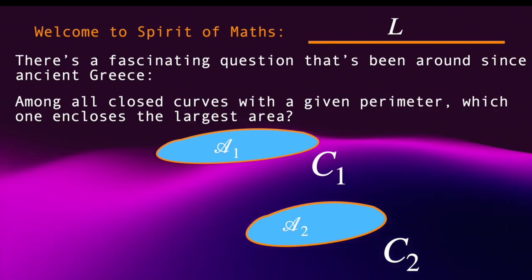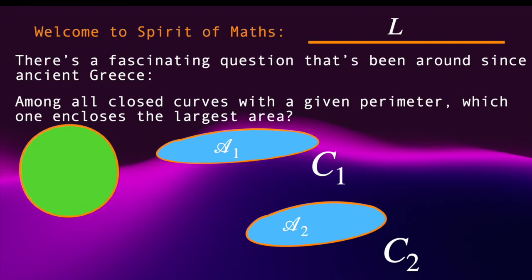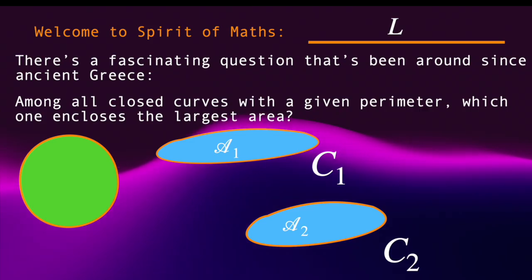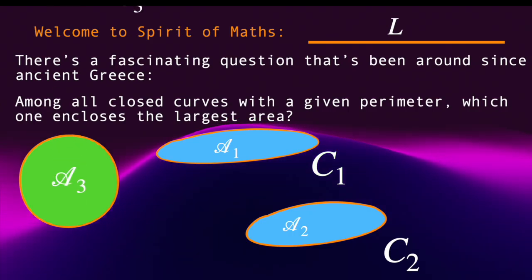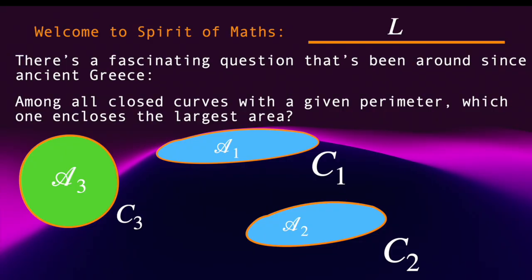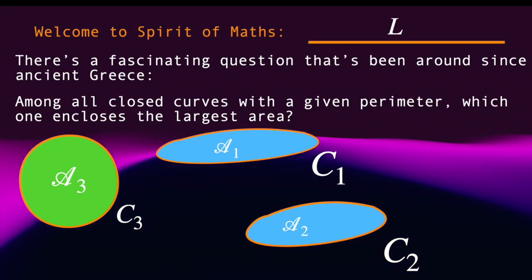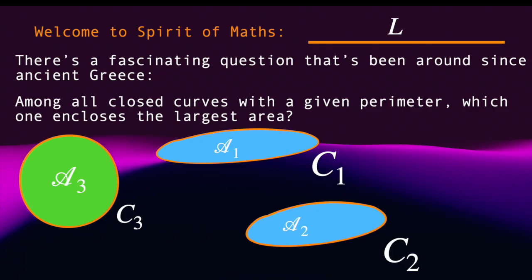And it's easy also to see that there is an ideal situation when your curve is a circle, and you can see that in this way we get the largest area.